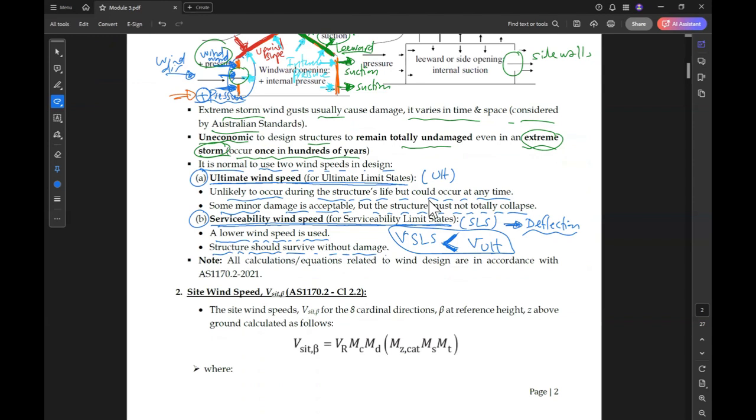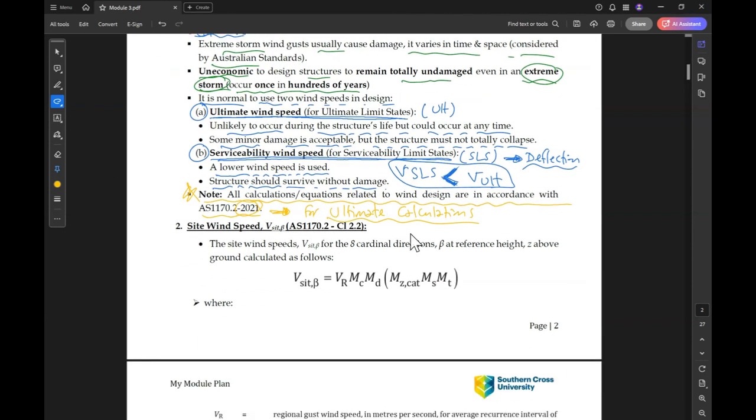This is also an important note: all the calculations related to wind design are in accordance with this standard, and all the calculations and formulas given in the standard are for ultimate.